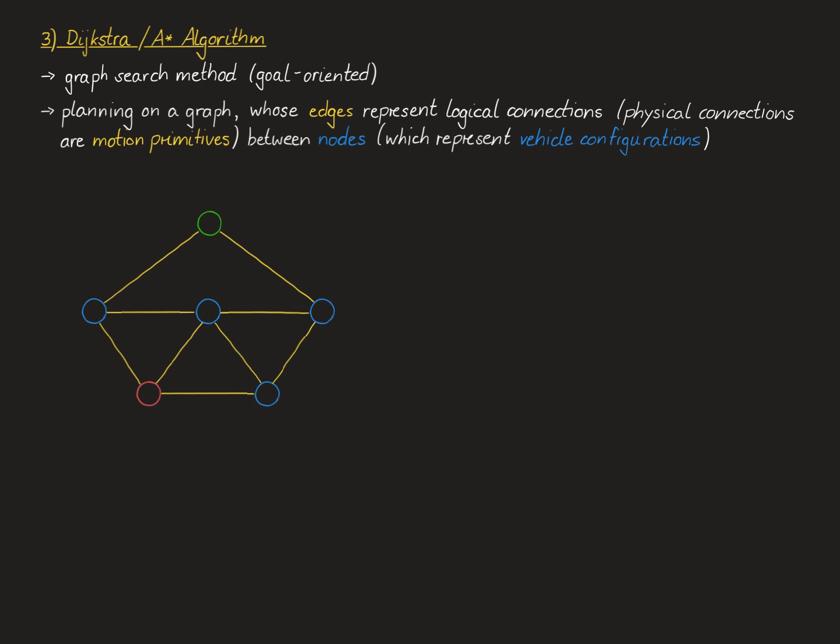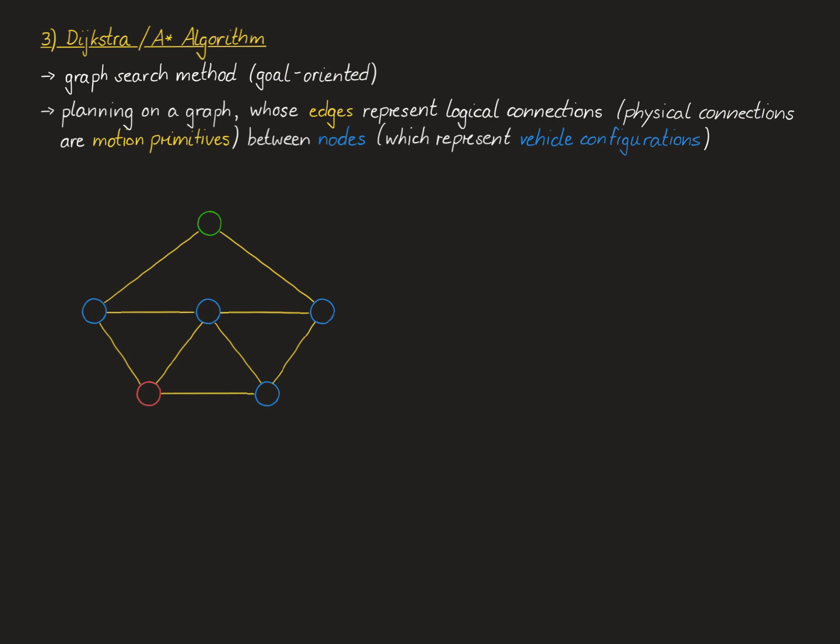The main difference between this graph and the reachability graph of the RRT algorithm is that this graph is not incrementally constructed by sampling new random nodes, but this graph is fully deterministic and fixed from the beginning of the algorithm.